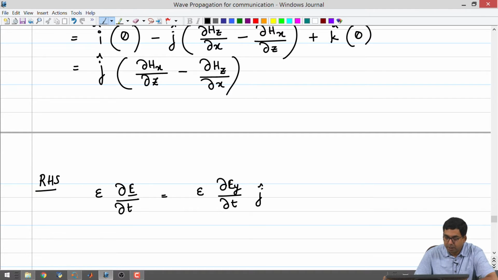The equation says LHS is equal to RHS. We can forget about the unit vector in the y direction and just equate the coefficients. So you will have dou Hx by dou z minus dou Hz by dou x is equal to epsilon dou Ey by dou t.